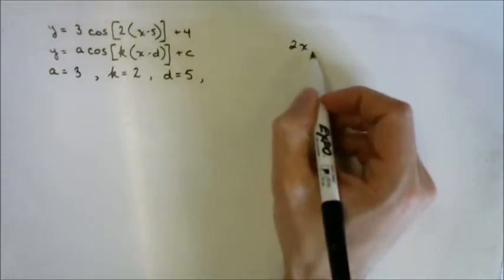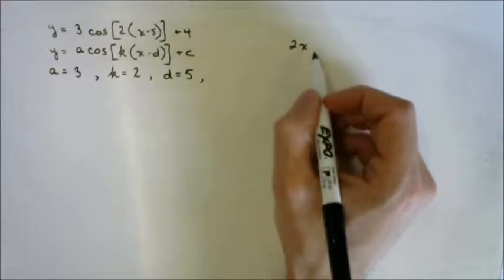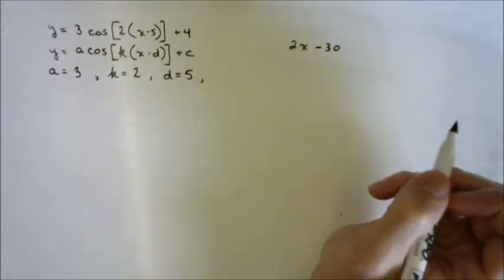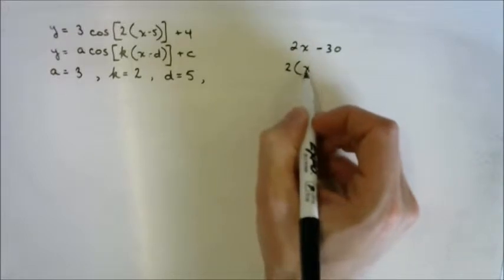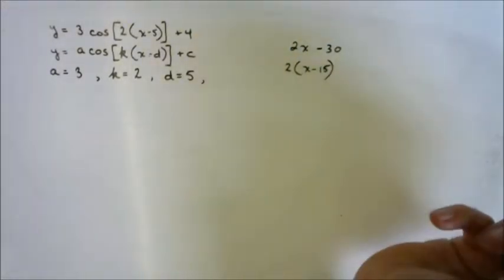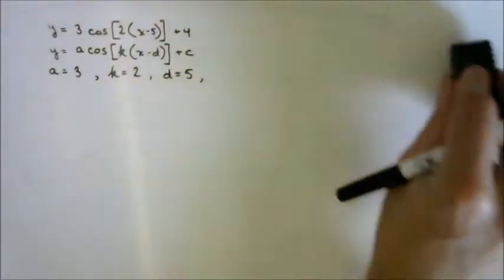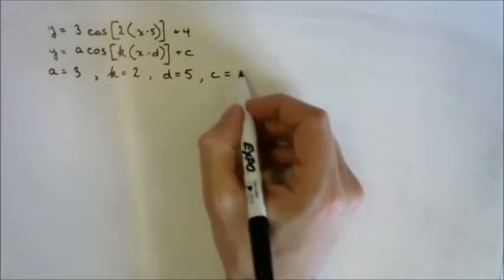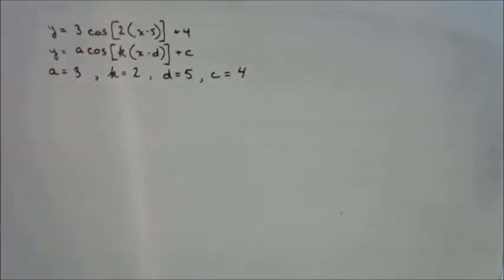But if there was a number with the x inside the bracket, then we would have to factor out. I don't know if we're going to get to that, so let's just carry on with what we have. C. The value of C is 4.